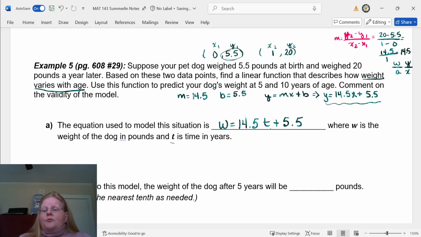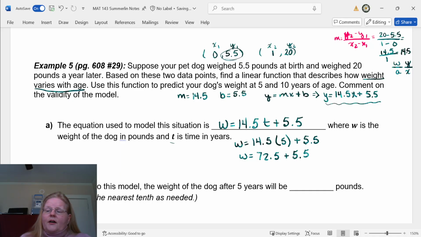5 years means we put a 5 in place of the T, so W equals 14.5 after 5 years plus 5.5. W equals 72.5 plus 5.5. W equals 78. 78 pounds after 5 years.